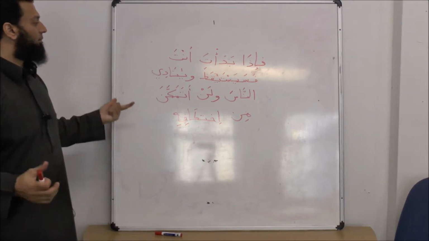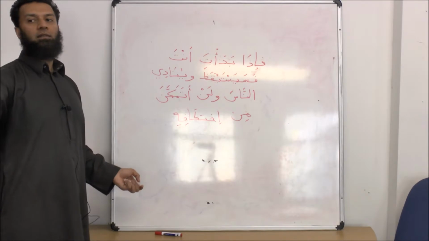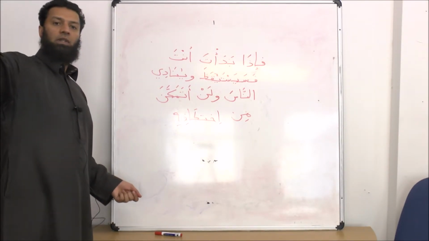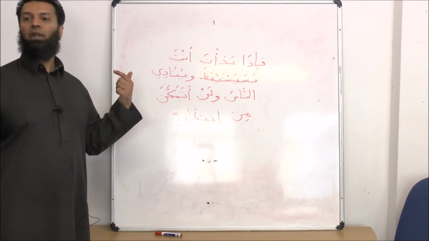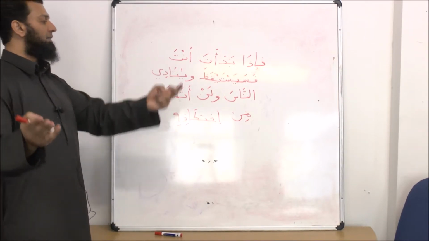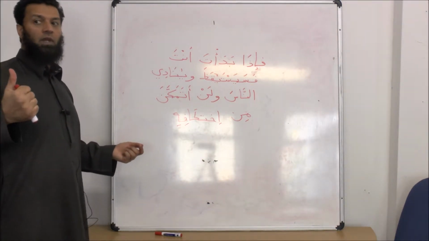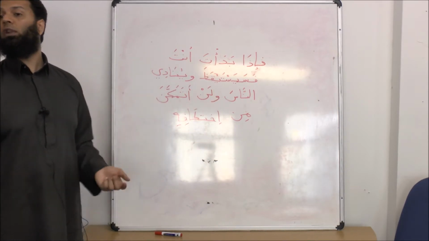Right. So what's he saying? He's saying if you begin, if you start, right? Who is he speaking to? Allah is speaking to the thief. If you begin, فَسَيَسْتَيْقَظَ, then he will wake up, the Nasik. وَيُنَادِي النَّاسَ, and he'll call the people.